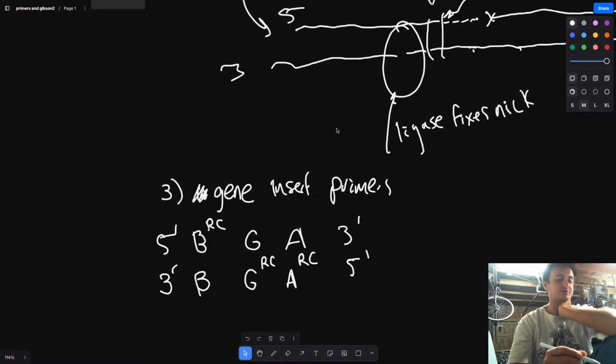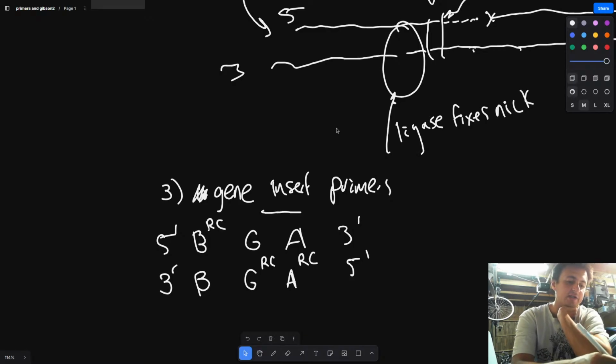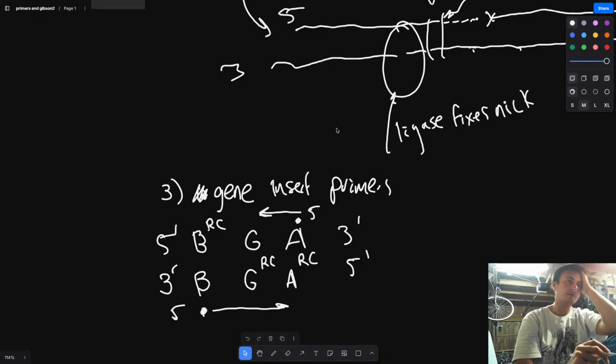All right. So how are we going to do the primers? The primers need to go this way, because whatever binds to this and whatever binds to this is going to be a 5. So we want them to go towards each other. This is what I was saying about inverse versus normal PCR.